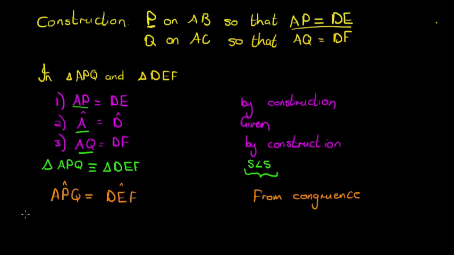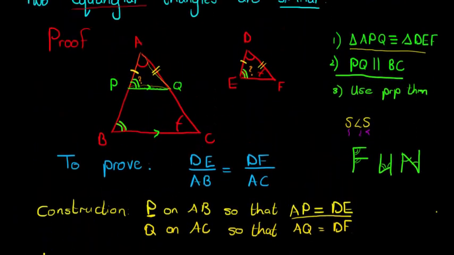Okay. And now I'm going to say, but angle DEF is equal to angle ABC. So tell me, why is this angle equal to that angle? Because of corresponding angles?